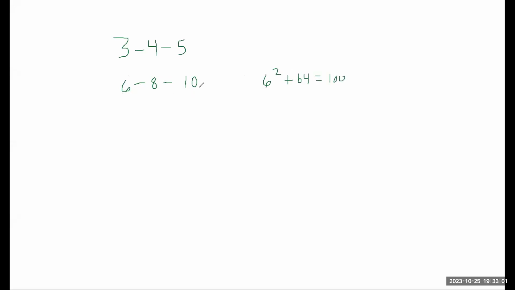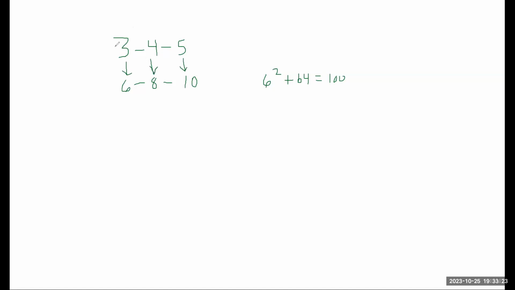Now, this is not a unique Pythagorean triple because if you look at the 3, 4, 5, every one of these legs got multiplied by 2, and so the hypotenuse got multiplied by 2. So 3, 4, 5 is its own unique Pythagorean triple, and 6, 8, 10 is just a multiple of that.